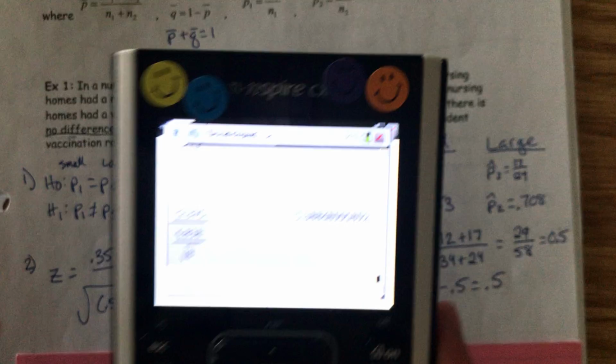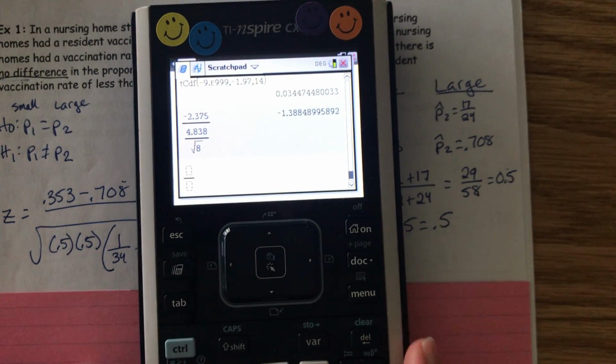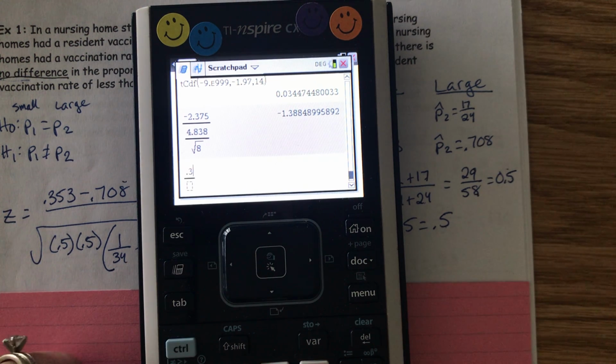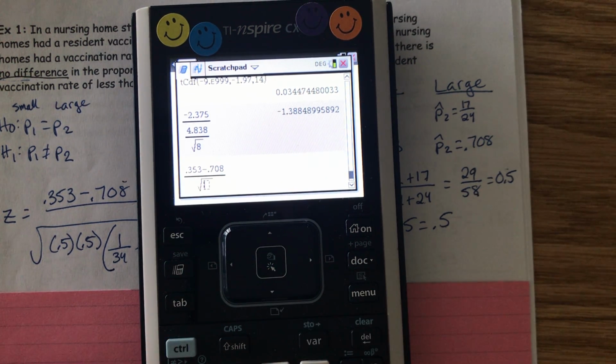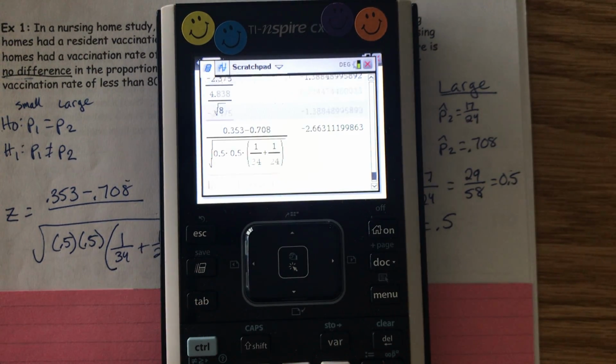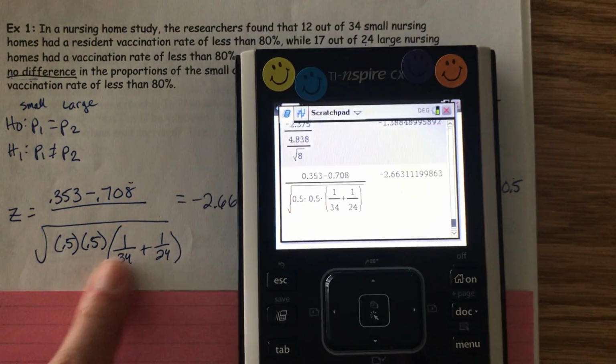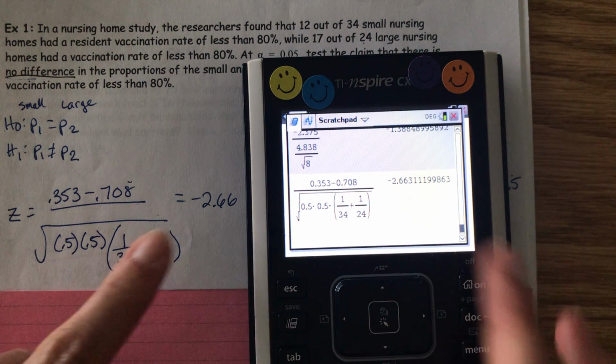If you want to practice typing that into your calculator, you could do your fraction: 0.353 minus 0.708 over the square root of 0.5 times 0.5, parenthesis 1 divided by 34 plus 1 divided by 24. When you press enter, it should look just like this, of the same setup. And there we go.